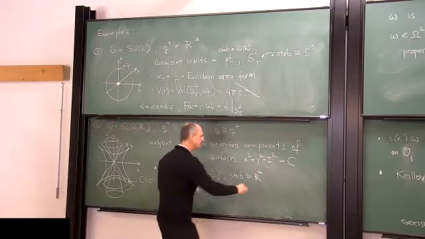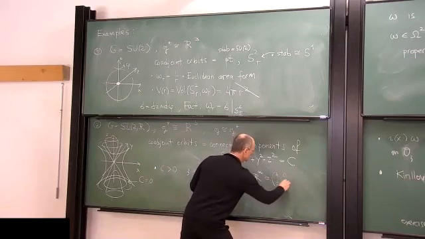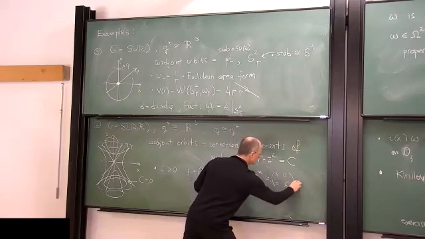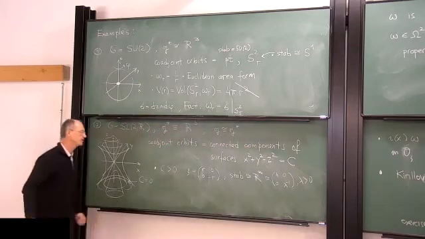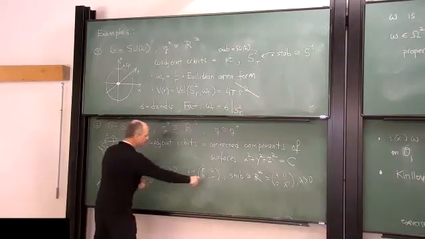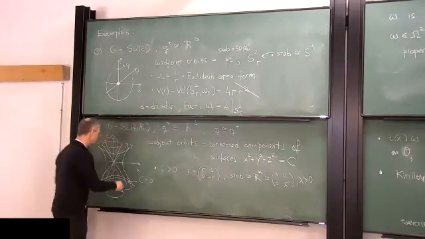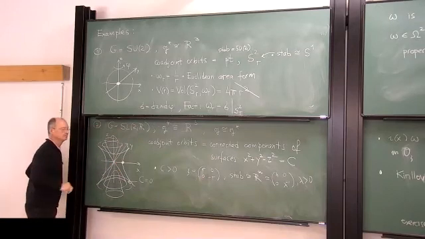And in principle, I can even picture this R star as something like this. So that's a subgroup of SL2R which stabilizes that element. So we can picture it somewhere maybe here.